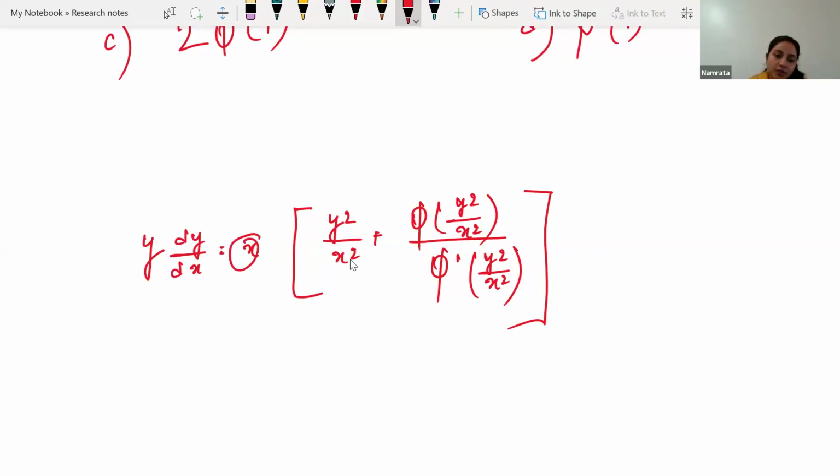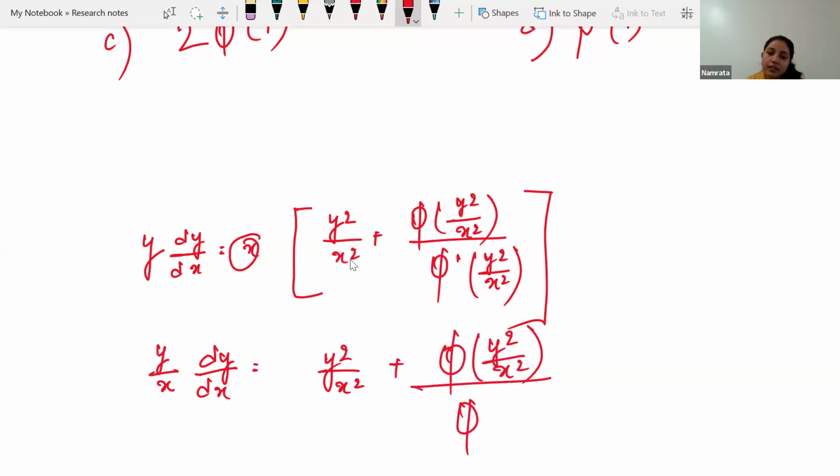And if we shift this x to the other side, here also we will have y by x. So y by x is everywhere. Let's assume this y by x as t. Let's take y by x is equal to t.